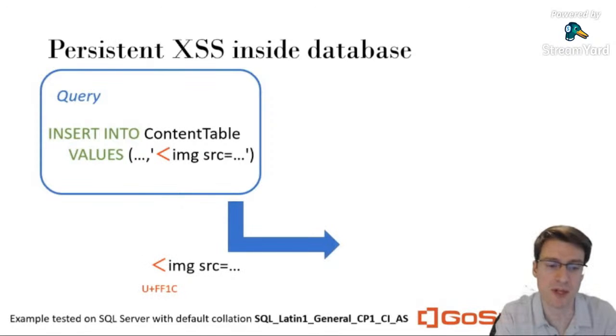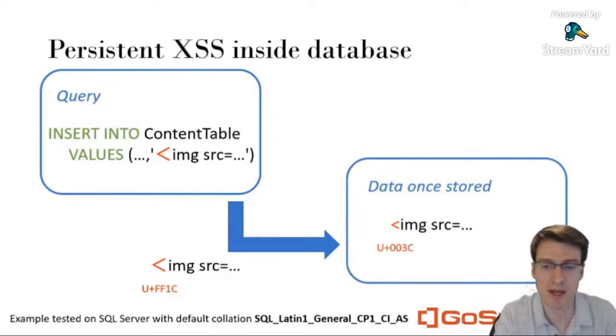Because the database will transform it once it's being stored, in practice it will allow us to bypass filters, because previously with .NET MVC there used to be a request validation component that would block all user input that would include less-than followed by a letter. This can be the behavior of a modern WAF.